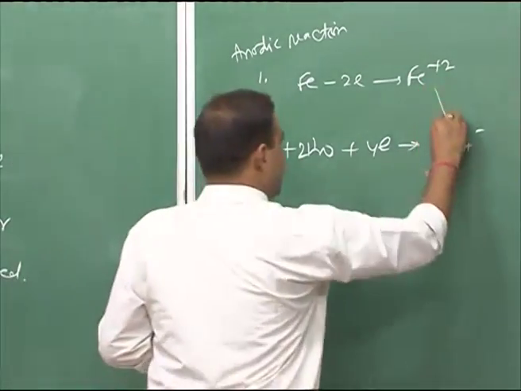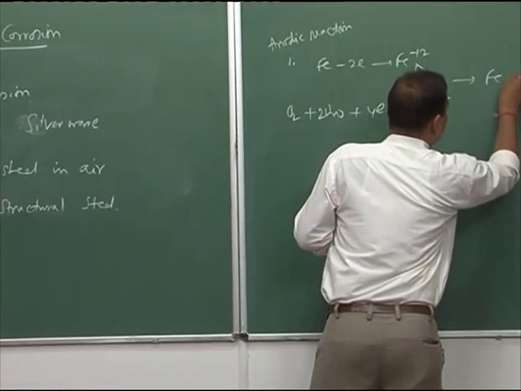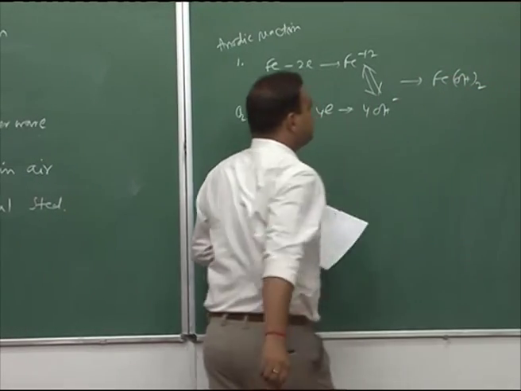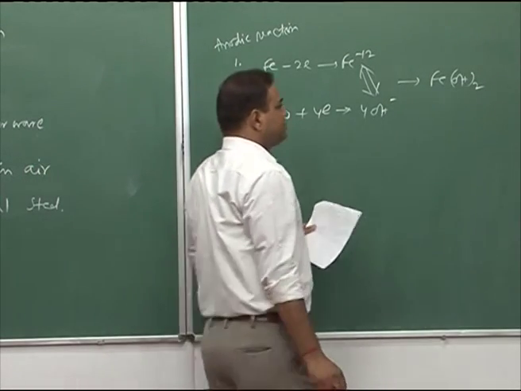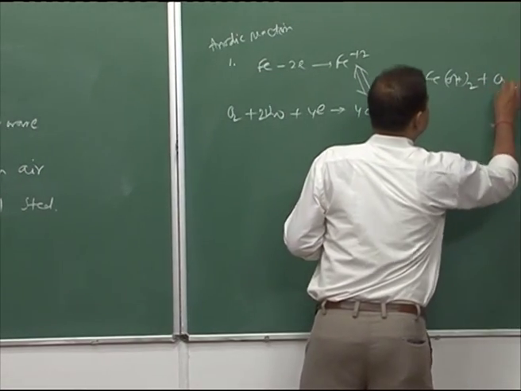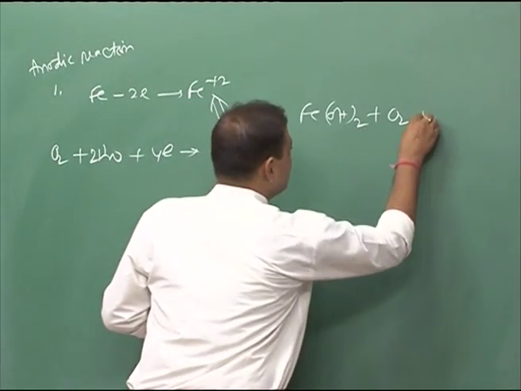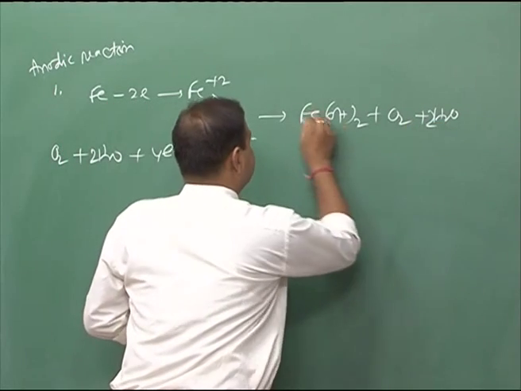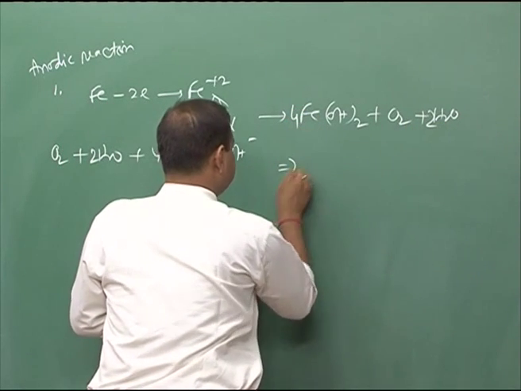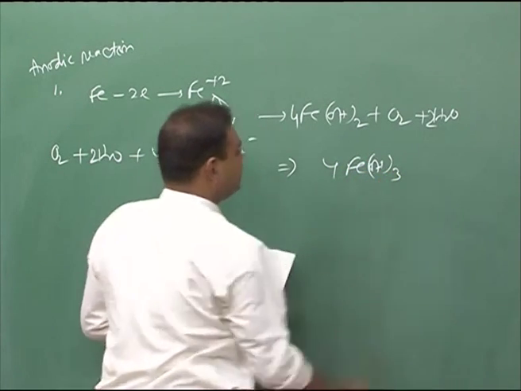Now, these two can react, forming Fe(OH)2. Once we have Fe(OH)2, it can further react with the oxygen that is there in the atmosphere. That oxygen reaction, along with the presence of moisture, can go to 4Fe(OH)3.